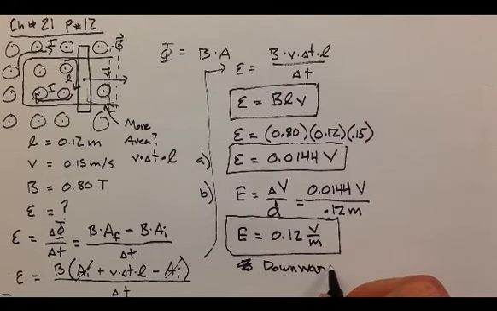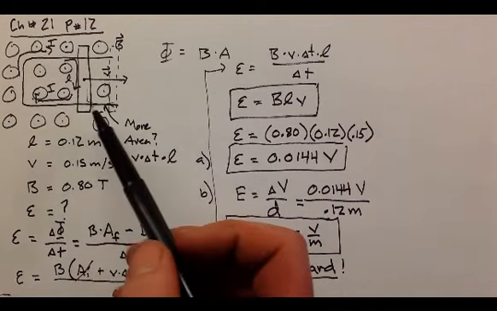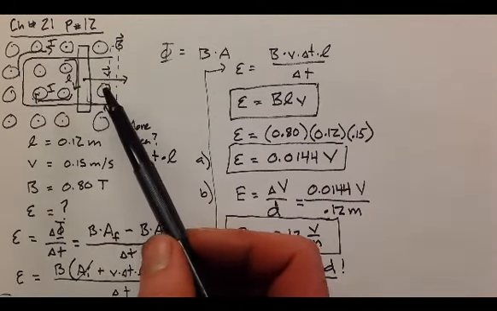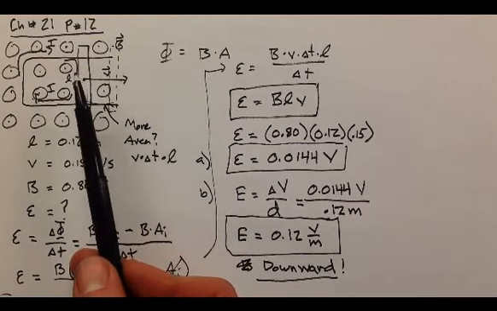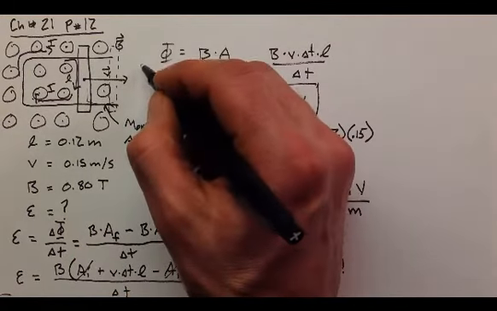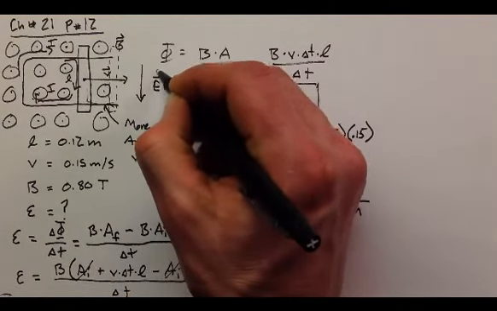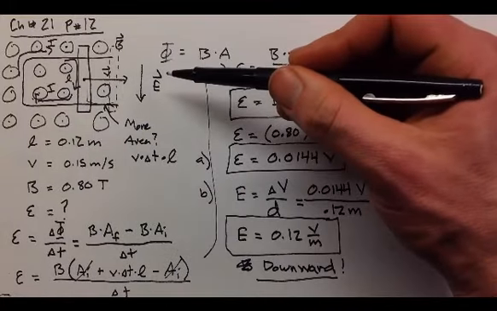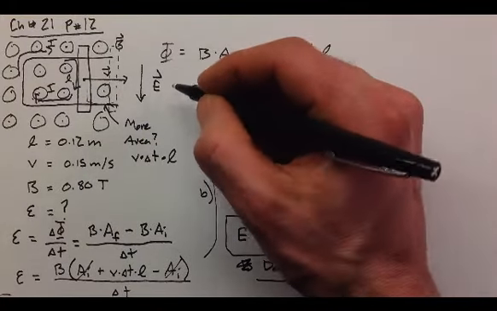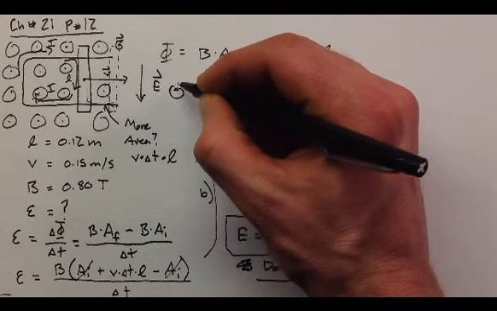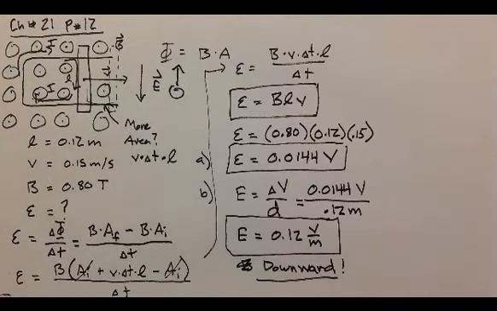Now notice I don't really like the way the question is phrased by the book. It said, what direction do the electrons feel an electric field? Well, the electric field is pointing this way. That is the direction of the electric field. Of course, we all know then that an electron would experience a force in the opposite direction.